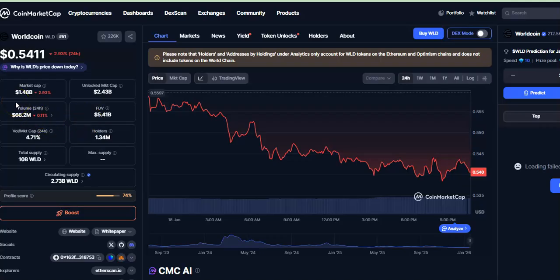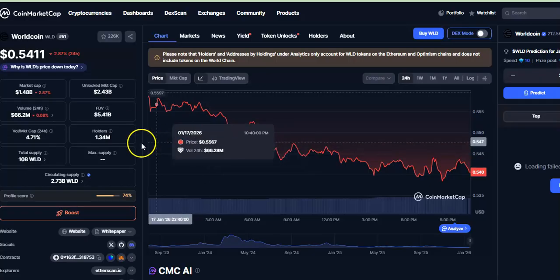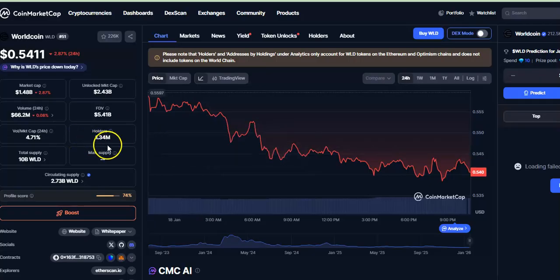Market cap is $1.48 billion, and the volume in 24 hours is 66.2 million, but that is 0.11% down, and the total supply is 10 billion WLD coin, and holders are around 1.34 million, and circulating supply is 2.738 billion WLD coin. Okay, so now we'll go to the chart.